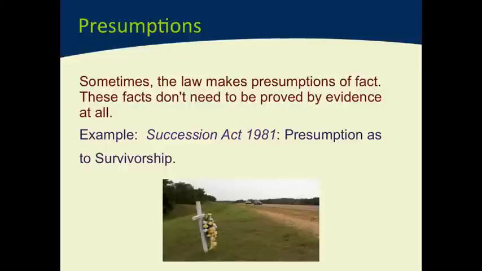So if you can actually bring evidence to show that one of the two people in the car crash was observed by first aiders to still have a pulse at a later time than the other one, the court might take that into account in order to rebut the presumption. But when there's no evidence at all, the court will simply presume that the facts lie in a particular way.